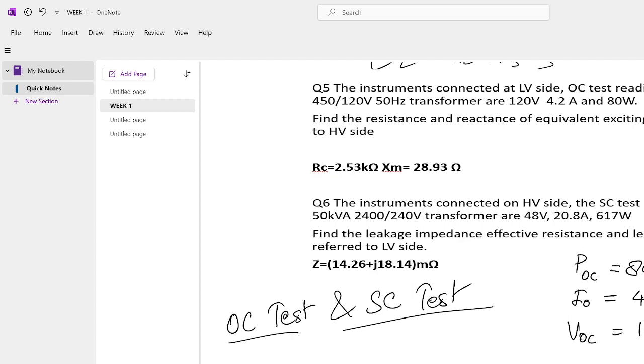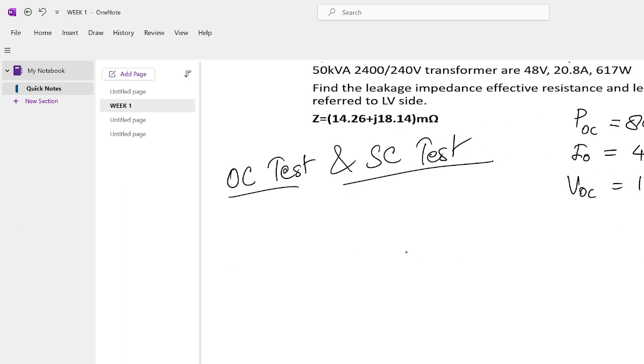In the open circuit test, we neglect the impedance of the primary. You can see the circuit I just showed.